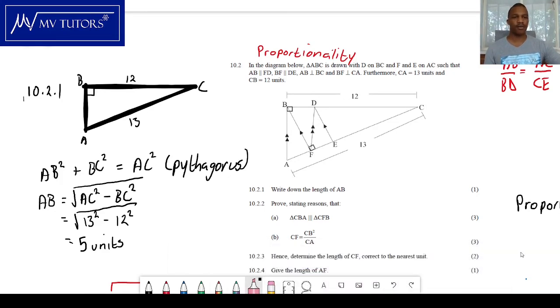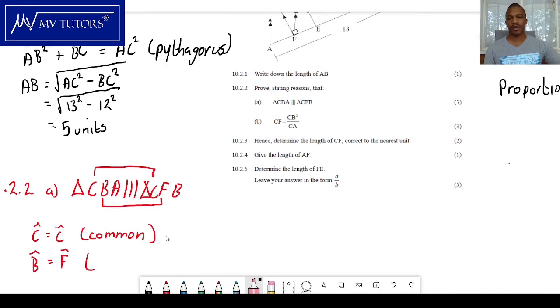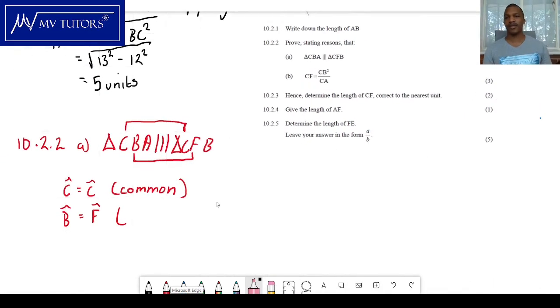So now we're going to say both are 90 degrees. Now we can conclude that angle A is equal to angle B. Remember, this is the big triangle and that's the small triangle.